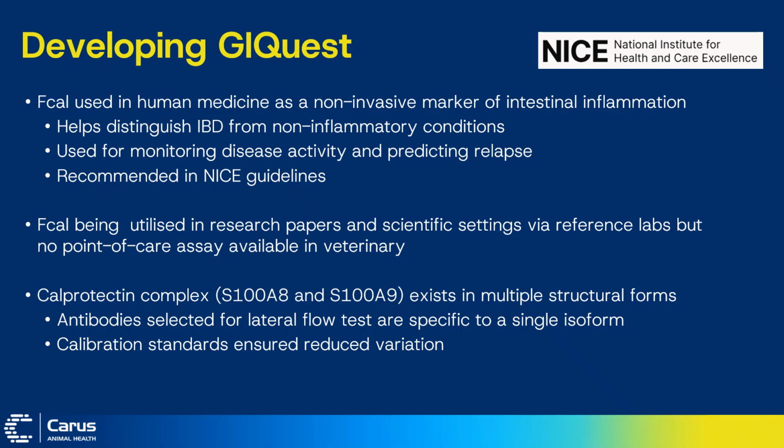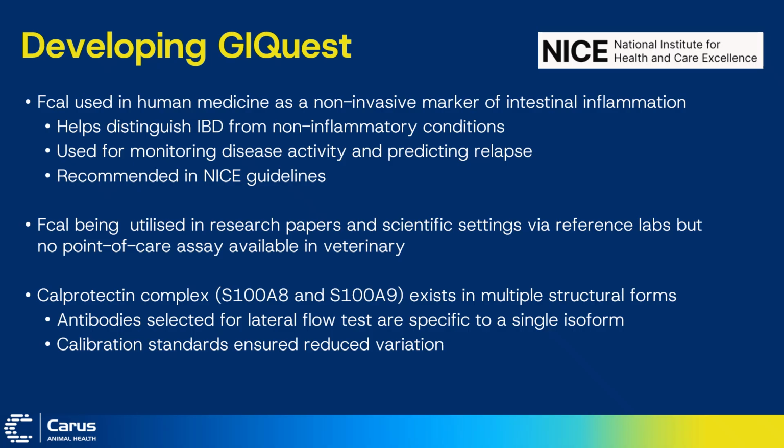As an insight into how GIQuest was created, as I mentioned before, faecal calprotectin is already being used as a point-of-care test in humans and is recommended in the NICE guidelines. It's used to help distinguish between IBD and non-inflammatory conditions, as well as to monitor at intervals to predict flares to try and prevent more serious interventions.